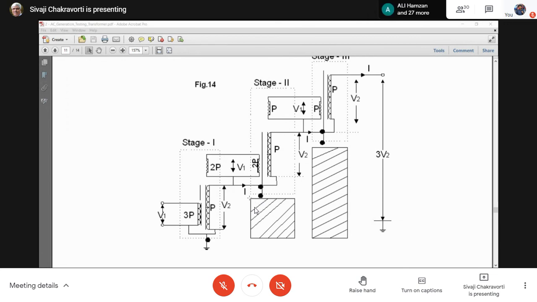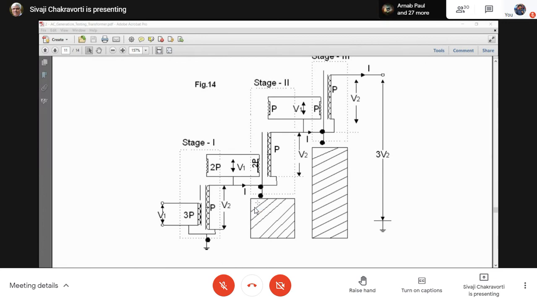And it is the same voltage rating, that is V1. So this first transformer, the primary to secondary voltage ratio is V1 to V2, whereas primary to tertiary is 1 to 1. So V1 to V1. So when I apply a V1 voltage to the primary, I get V2 in the secondary.